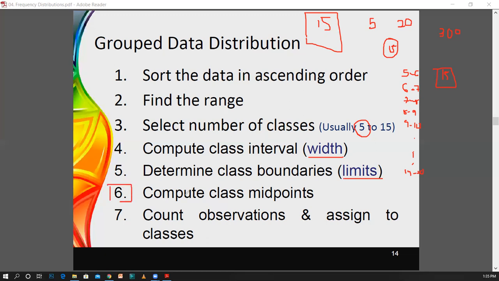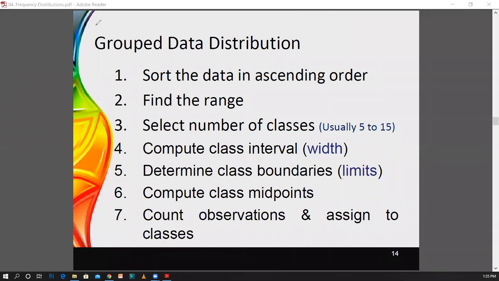If you are computing the class midpoint, then it will be helpful for further calculations. After creating this grouped data distribution, sometimes we are going to show the data in a graphical manner, or sometimes we are considering further analysis. In such situations, we will need these class midpoints.